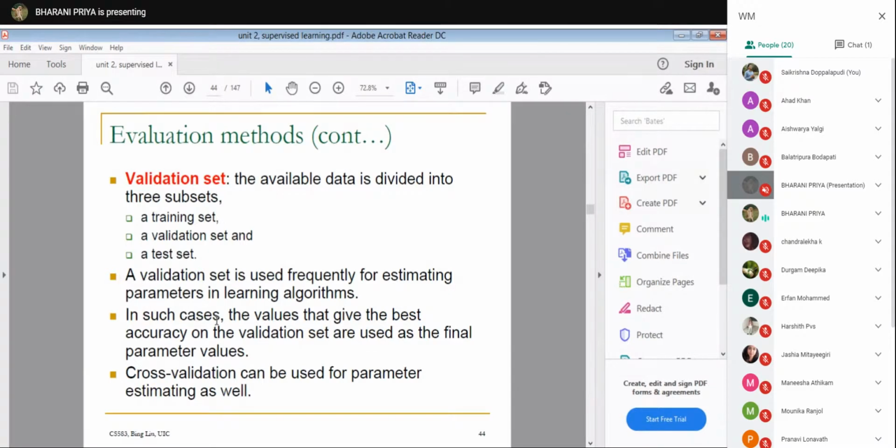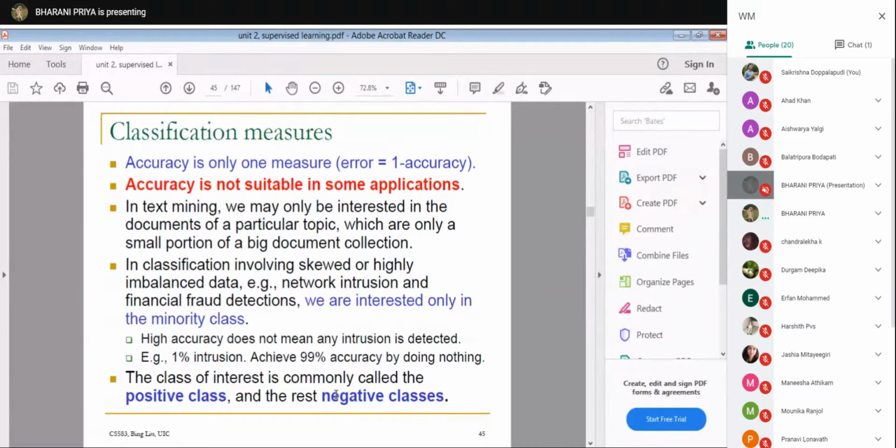To identify that, you use the validation set, and whichever values give the best accuracy, you use as the final parameters. As I said earlier, whichever gives the best accuracy will be your final choice. So cross validation can be used for parameter estimation.